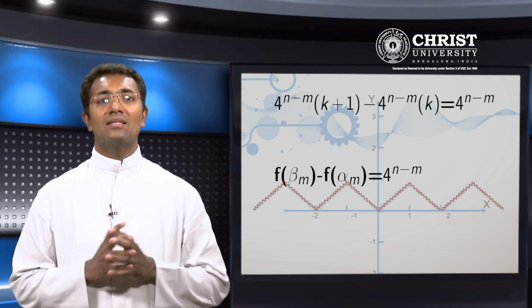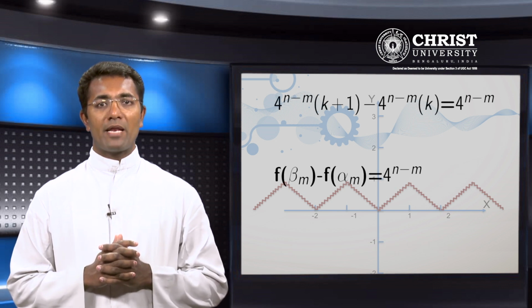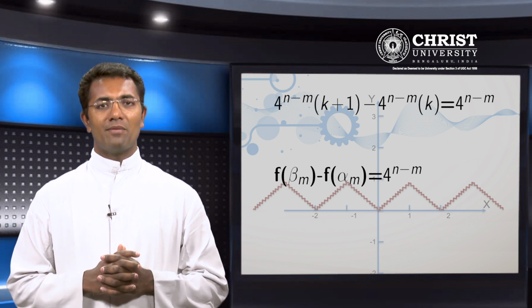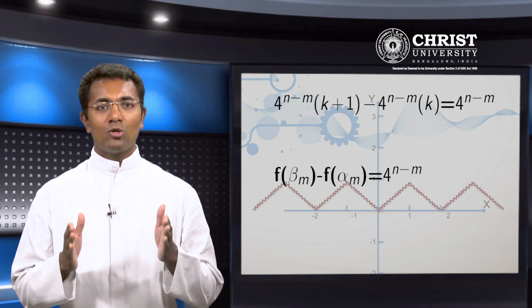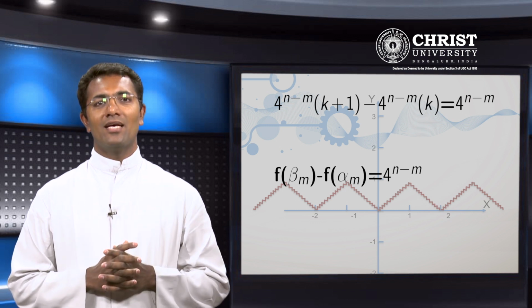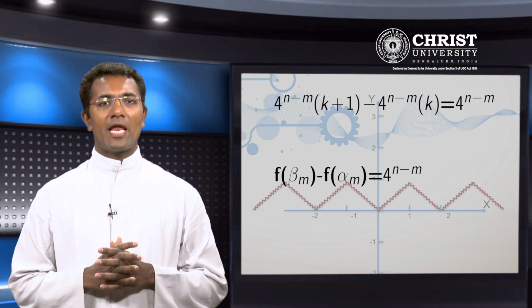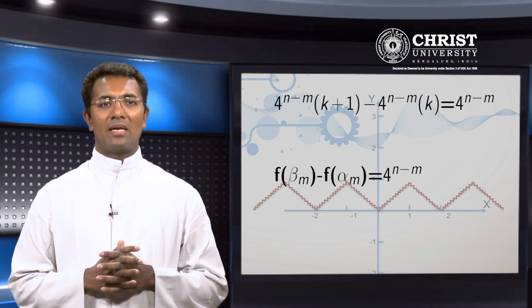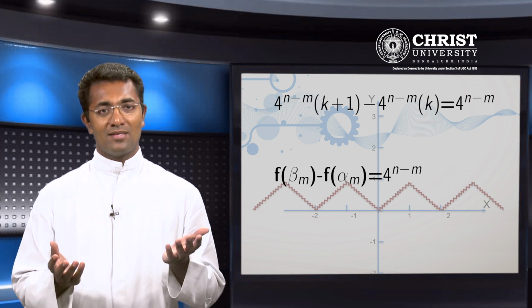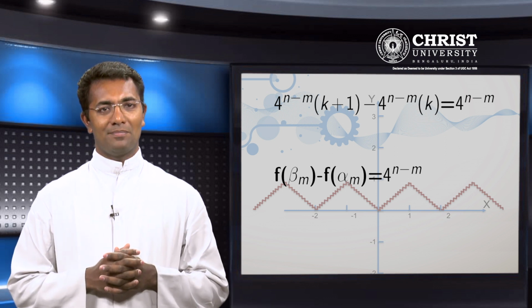But both these terms, 4 power n minus m into k plus 1 and 4 power n minus m into k, lie between two consecutive integers. Hence, as we observed earlier, it becomes just 4 power n minus m into k plus 1 minus 4 power n minus m into k, that is 4 power n minus m.